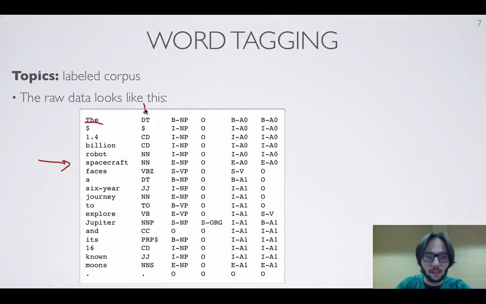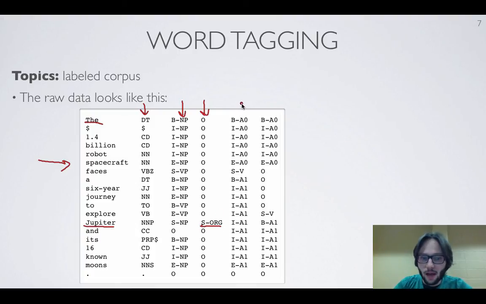So for instance, this column would be the POS tag, this would be chunking tags, and these would be named entity tags. For instance, we only have one named entity, Jupiter, and it was identified as an organization. I'm not sure exactly if that's the correct label, but that's what is in this data.